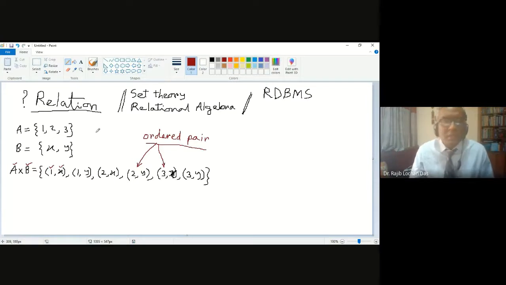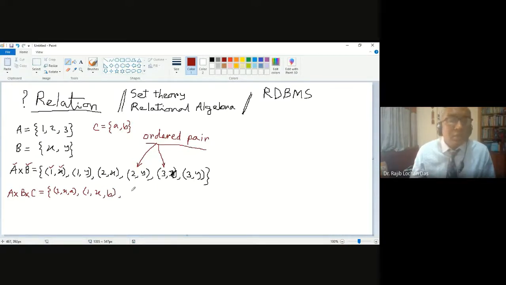If you have another set C, and C has something like A, B, and you think about A cross B cross C, then that will be the product set with all elements having three items, like 1x, then A, one element, and 1x, then B, that is the second element.